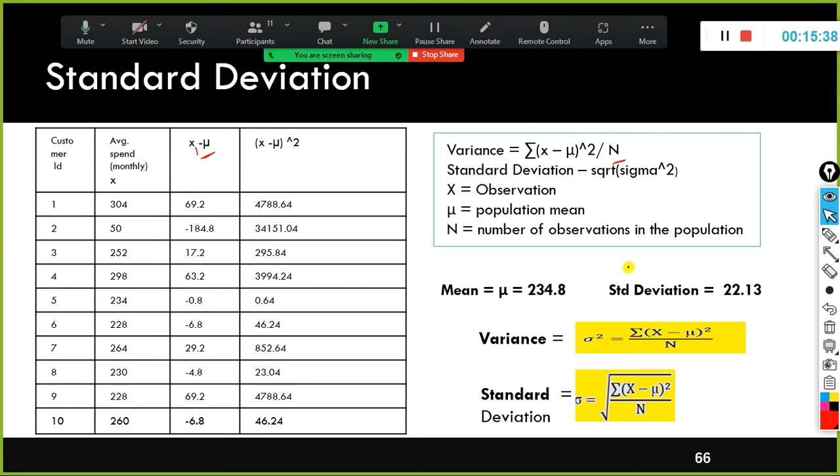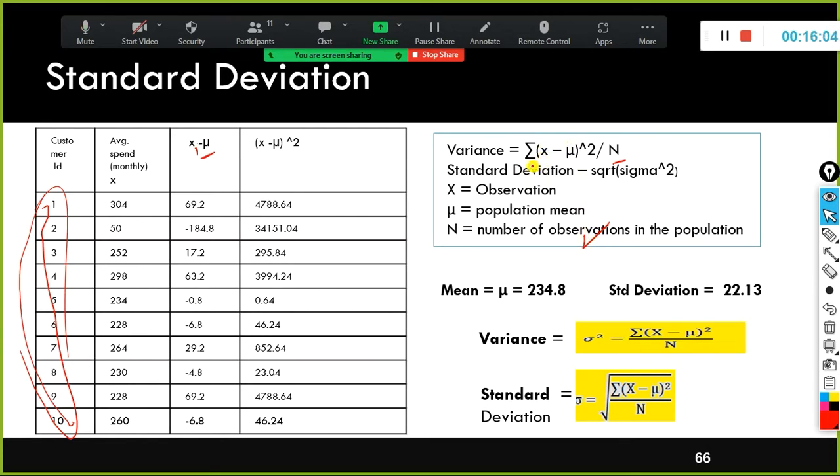N is the number of observations in the population. In this case, 10 records, 10 observations. In statistics, instead of saying records, we use the term observations, or some people say data points. Number of observations in the population is N.